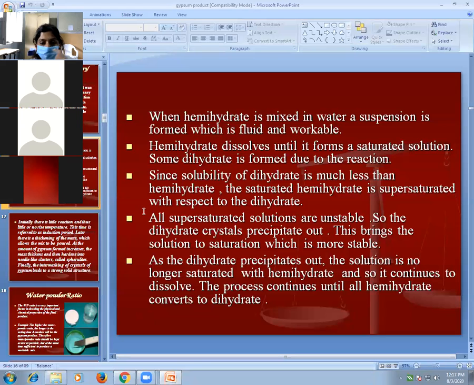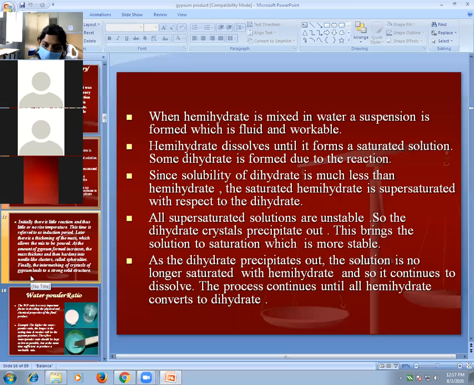Since the solubility of dihydrate is much less, the hemihydrate solution, that is, the saturated hemihydrate, is supersaturated with respect to the dihydrate crystals. Any supersaturated solution is unstable, so the dihydrate crystals are precipitated out, and this brings the solution to saturation.